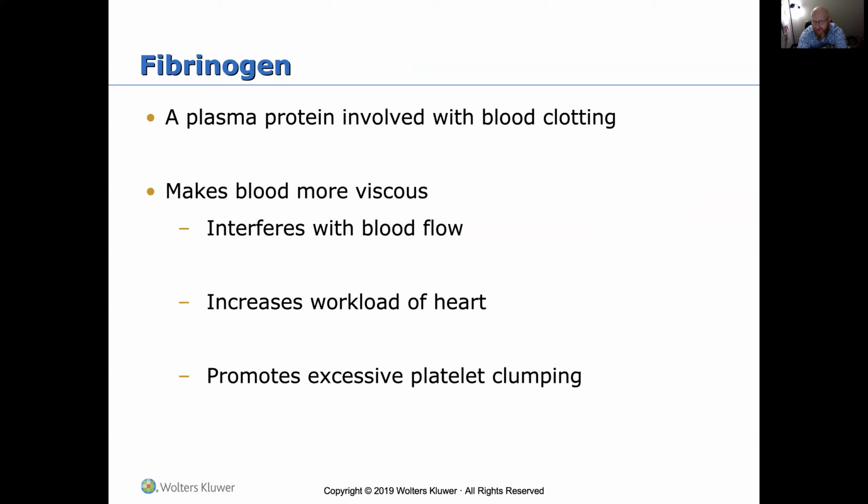Your heart doesn't have to pump as hard. When blood becomes thicker, more viscous, it interferes with your blood flow. Your heart has to work harder to push a thicker fluid through the area, and it promotes excessive platelet clumping. So maybe some clots could be an issue that you could run into.